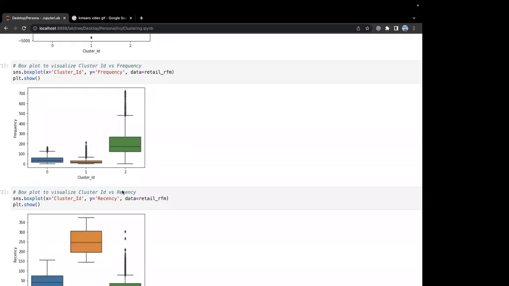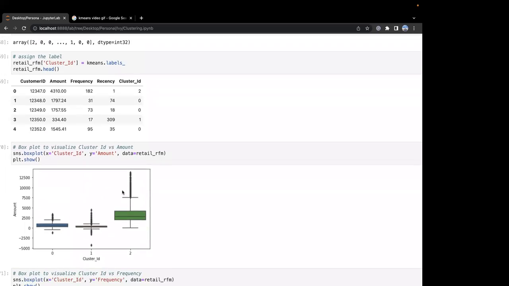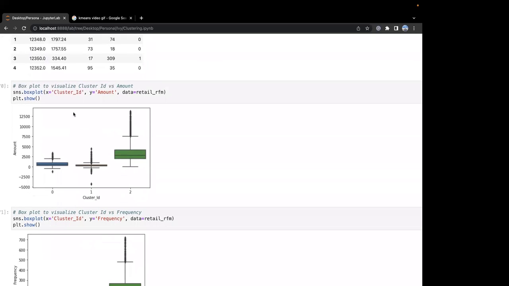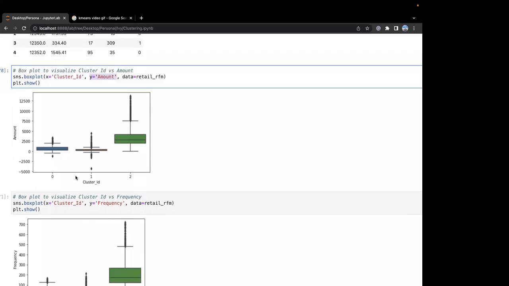And once you have the clusters, you can do all sorts of analysis. For example, by cluster ID, I want to check the amount of the customer. So you can see cluster 2 has the high amount customers. Cluster 0 and 1 have almost similar amount customers.